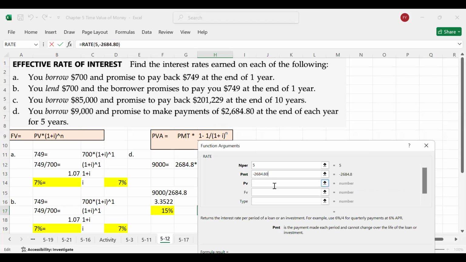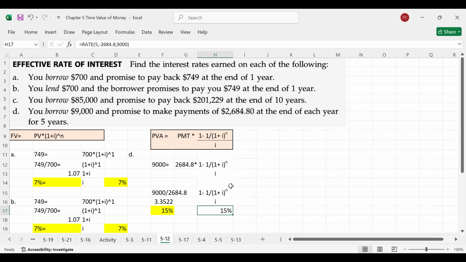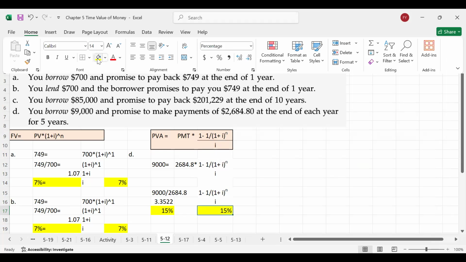On the other side, we have present value, which is 9,000, and we do not have any future value in this case. So the interest rate is 15%. We have the same answer. We have calculated it via Excel sheet as well as by a calculator.